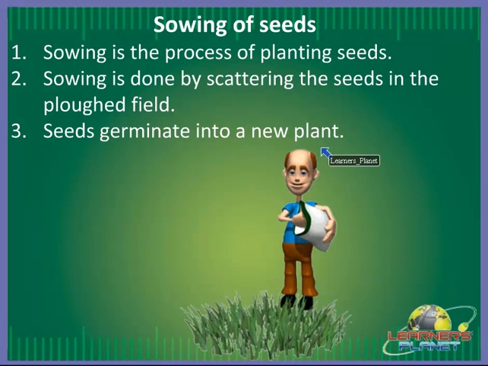When we scatter the seeds in the ploughed field, right? So this whole process is known as sowing of seeds. And finally the seeds will germinate into a new plant. First it will germinate into a baby plant or the seedling, alright? And they will get the stored food from the cotyledons or the seed leaves. And after that they will grow bigger and bigger in size.